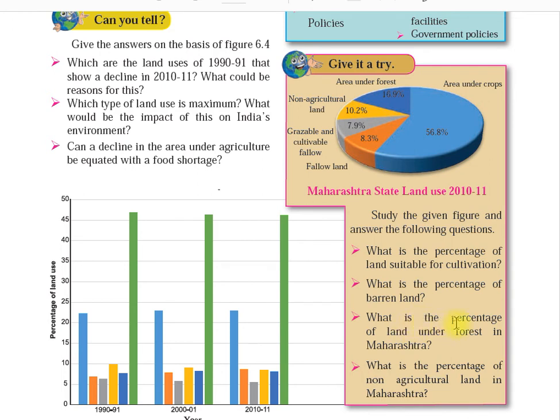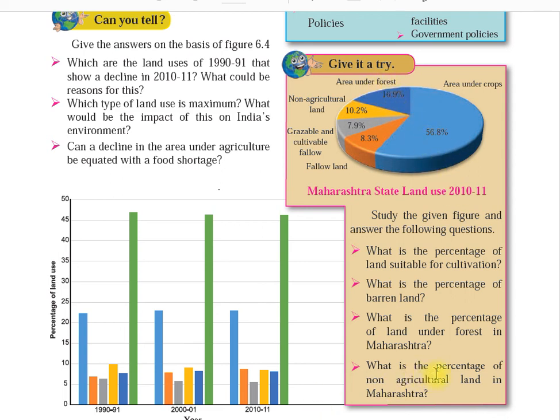Next question. What is the percentage of land under forest in Maharashtra? So we have how much over here? 10.2%, no, sorry. What is the percentage of land under forest in Maharashtra? So we have 16.9%. 16.9% area is under forest.